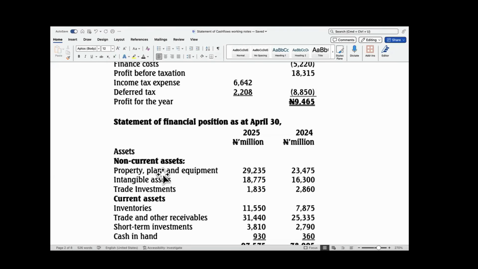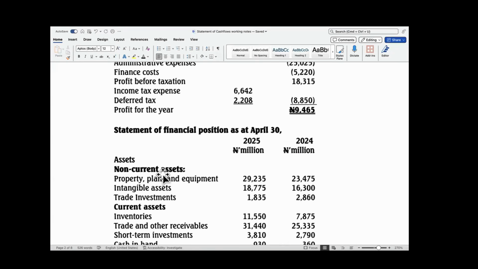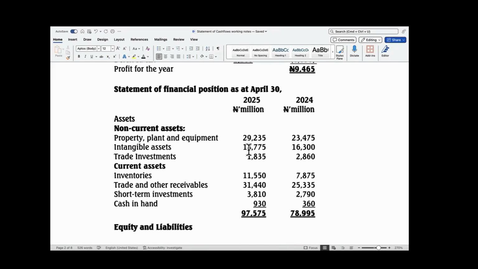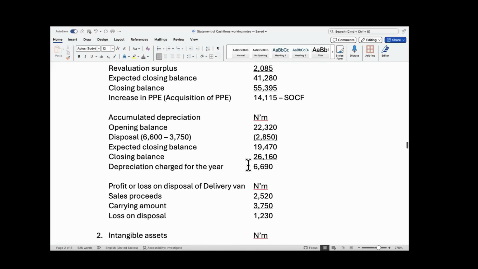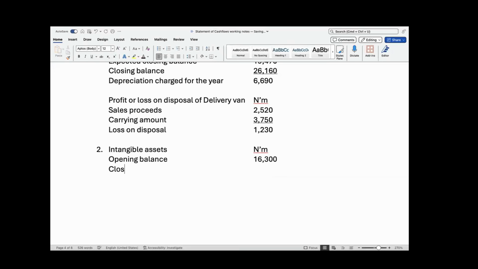So it's wrong to assume. It's dangerous. How many things do you want to assume? Because what about revaluation and other things? So don't assume. Since they didn't tell me anything, I will keep quiet. I'll just compare it immediately with my closing balance, which is 18,775.